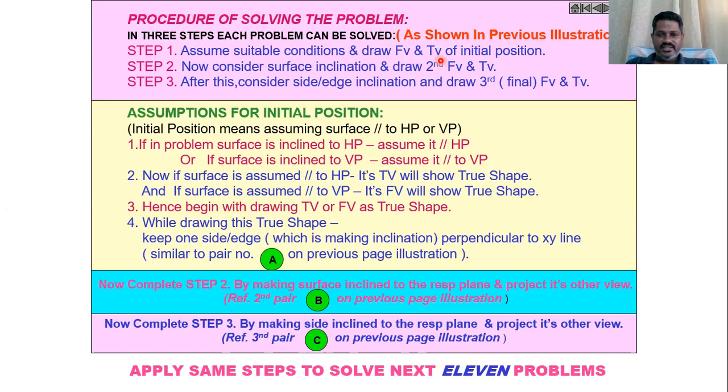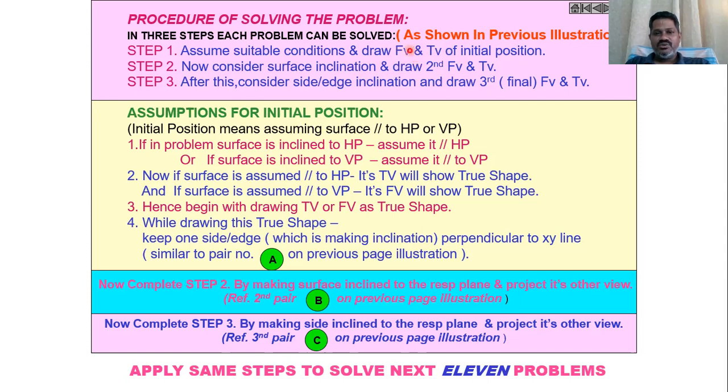I will tell you what the initial position is in the next paragraph. Then in step 2, consider the surface inclination, then draw the front view and top view. In the first step, we are not going to consider the surface inclination.